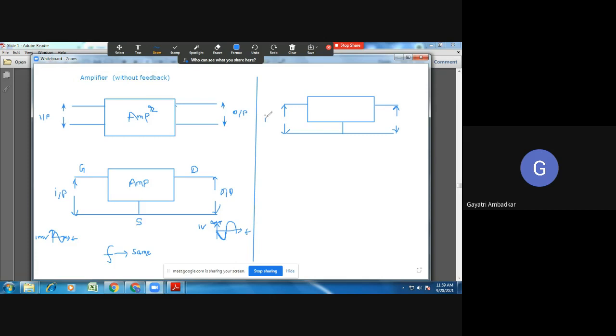This was our input and this was our output. This was the amplifier.